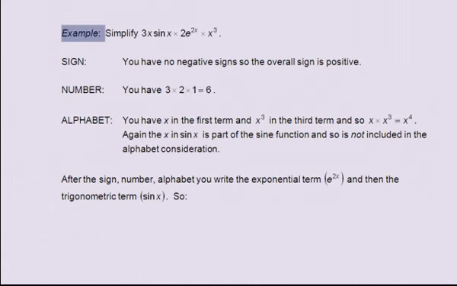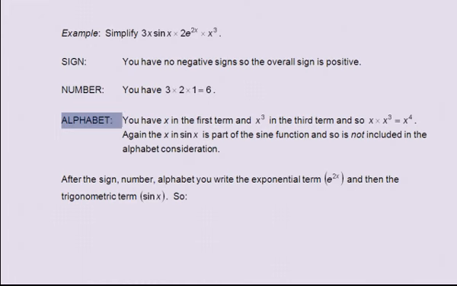Here's another example. Simplify 3x sin x multiplied by 2e to the power 2x multiplied by x cubed. Sign. You have no negative signs, so the overall sign is positive. Number. You have 3 multiplied by 2 multiplied by 1, which equals 6.